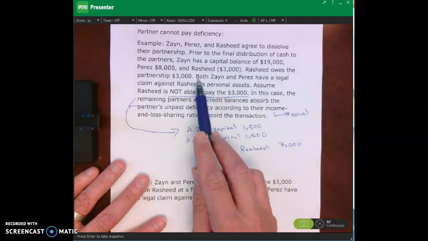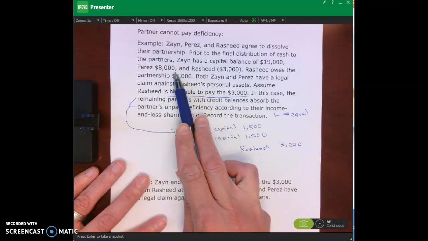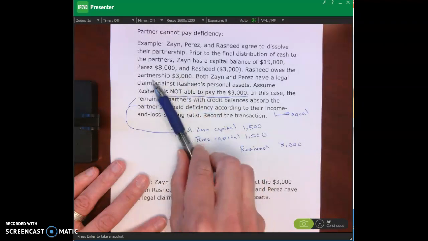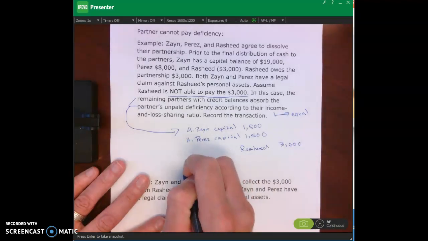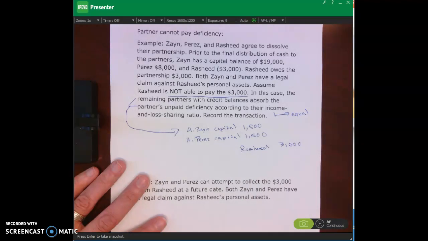Same thing over here. H Perez, this 8,000, that's an $8,000 credit in capital for H Perez, and then I debited it for 1,500, which decreases it. Now it's worth 6,500. So I'm going to come over here. This is the step 3 journal entry to allocate the remaining cash to the remaining partners and then also close out their balances in capital.